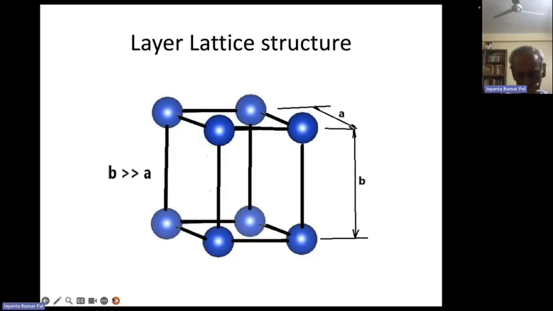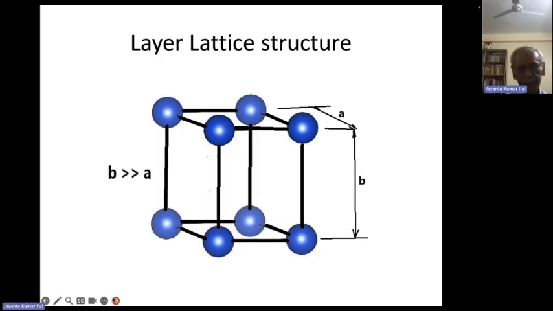This is a typical example of a layer lattice structure. The distance between the atoms in one layer is much smaller than the distance between the two layers.